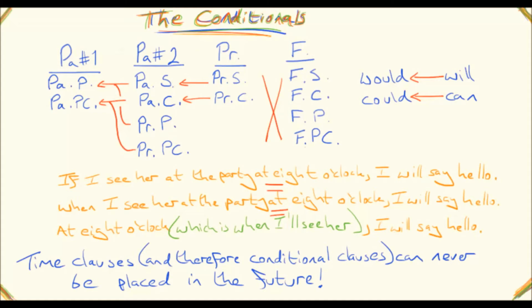So that helps you to fill out the study guide. Now let's move on to the next point, which will deepen your understanding of not only conditionals but the whole English language.